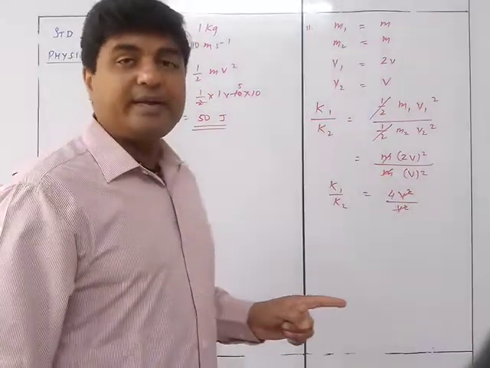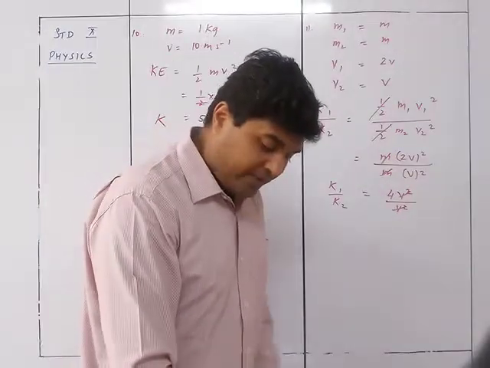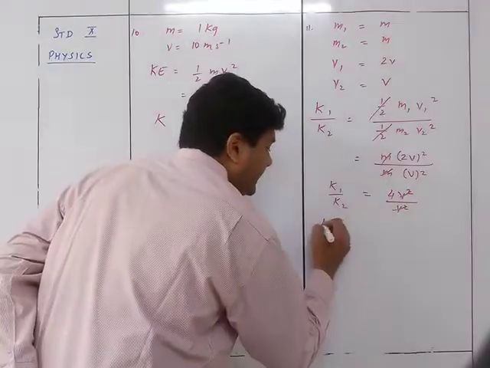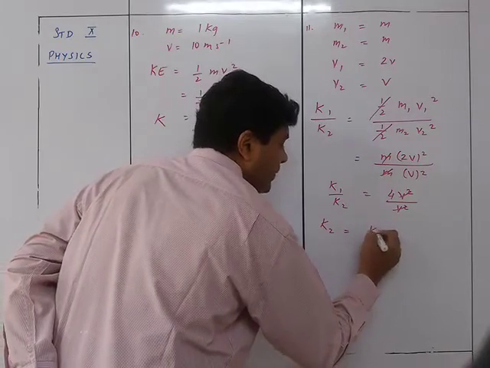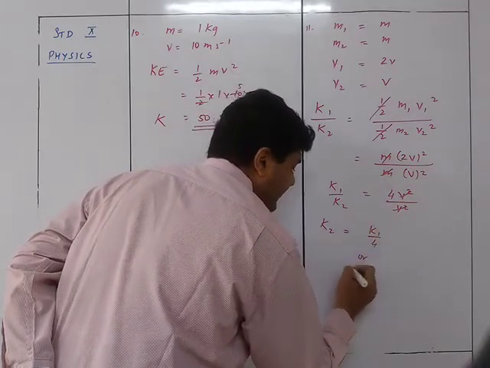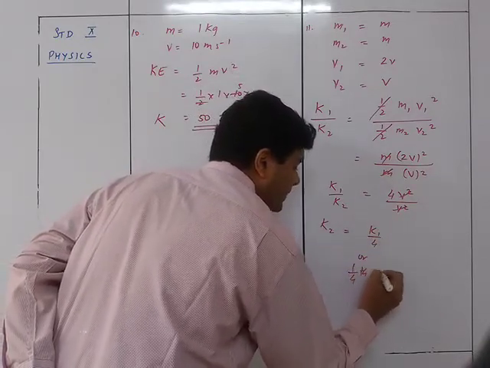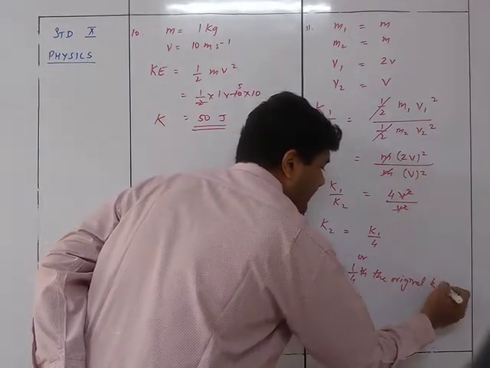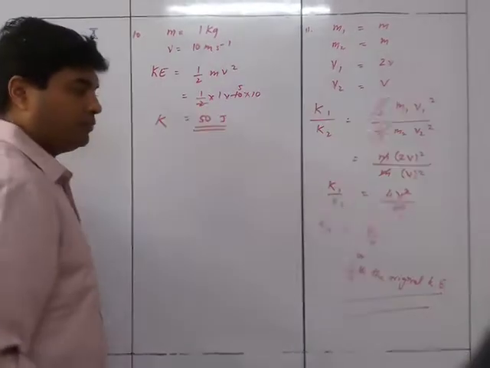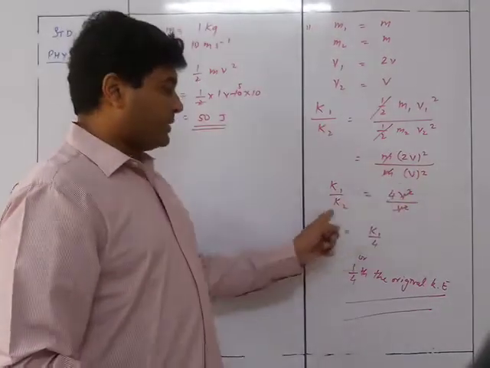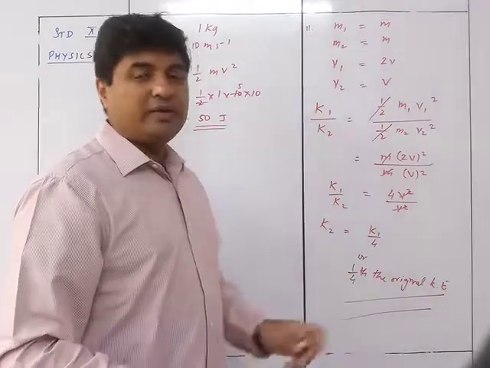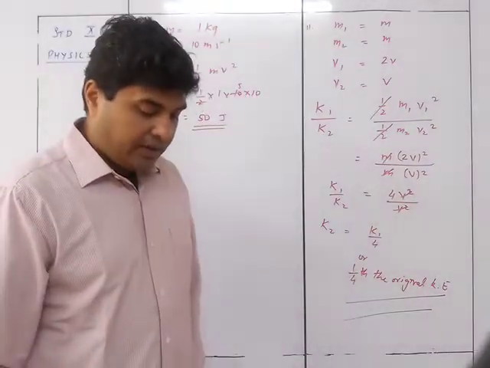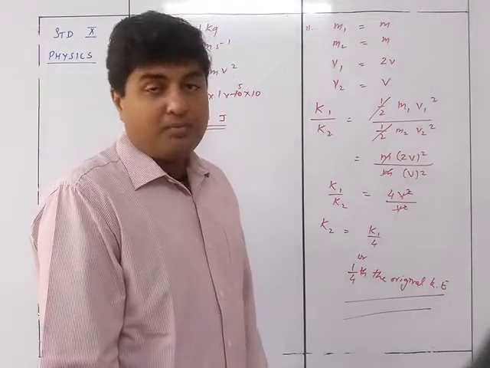You are asked what will be the change in the kinetic energy, so you need to find the value of k2. K2 is equal to k1 upon 4, so it is 1/4 of the original kinetic energy. So the value will become 1/4.